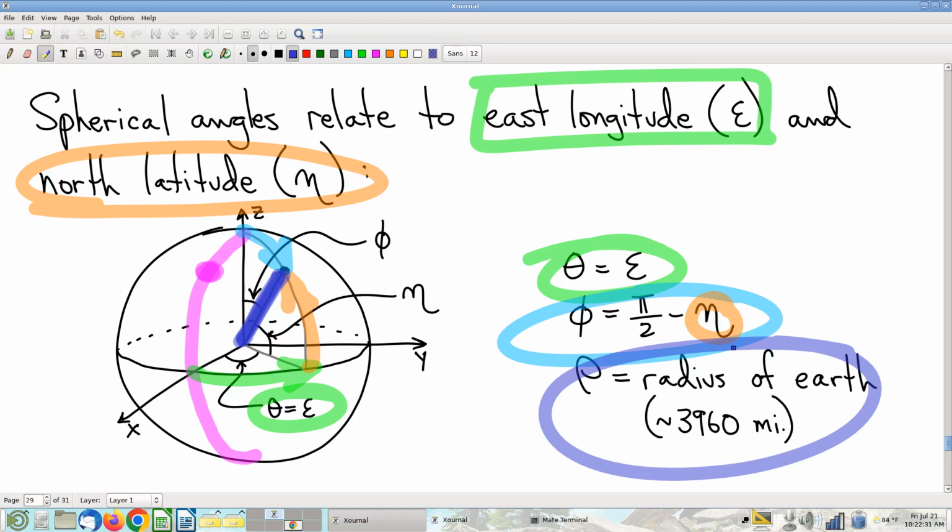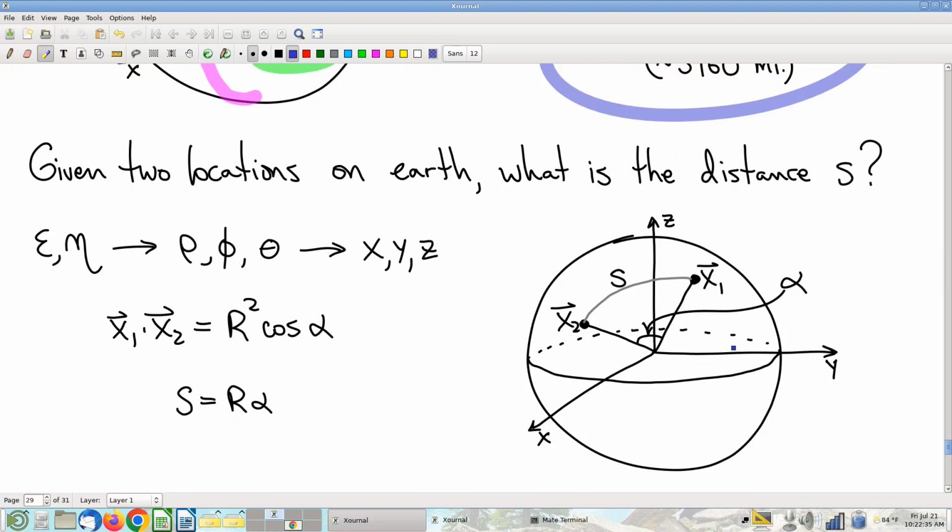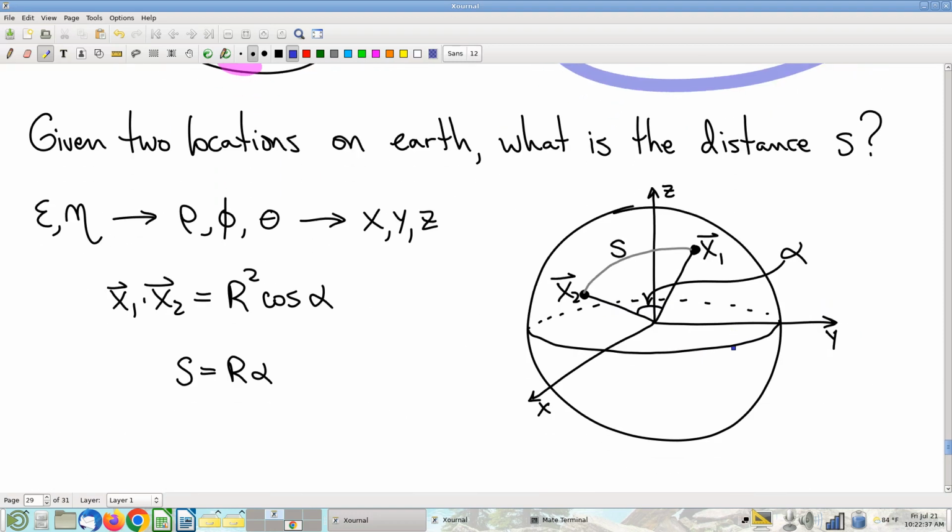Now, why would we care about that? Here's my favorite example. Without spherical coordinates, this is a really, really hard question. Say you have a point here, I don't know, Moscow, Oslo, something like that, and then here's another point, Durham. Anyway, some other point over there.